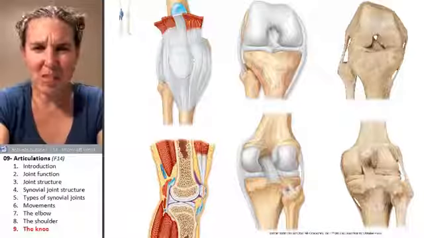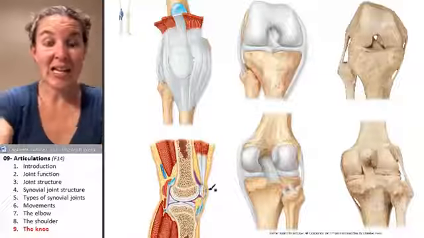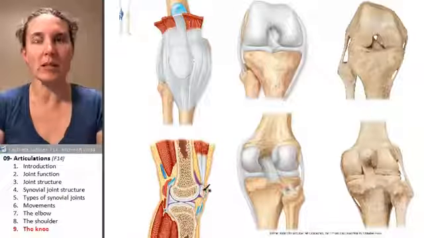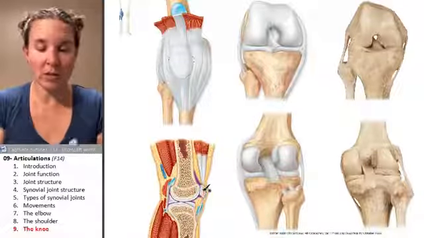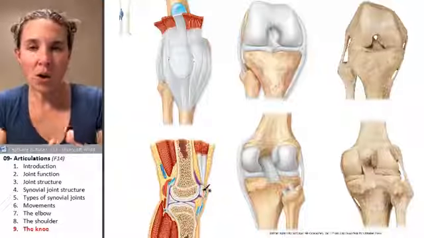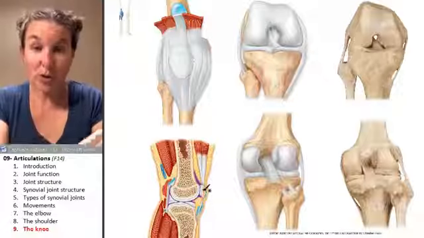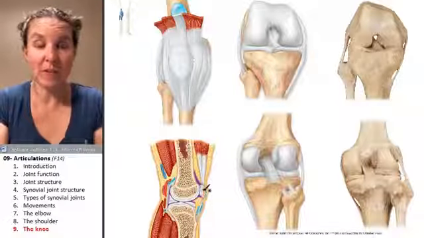Now think about your patella. Your patella is actually embedded in your quadriceps tendon. So you have four muscles on your anterior thigh that we will know the names of, and they all join and form an attachment to the tibial tuberosity on the anterior surface of the tibia.